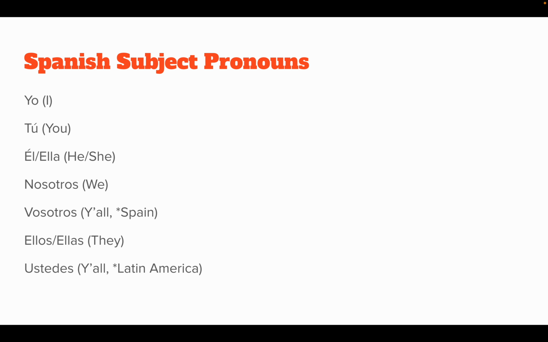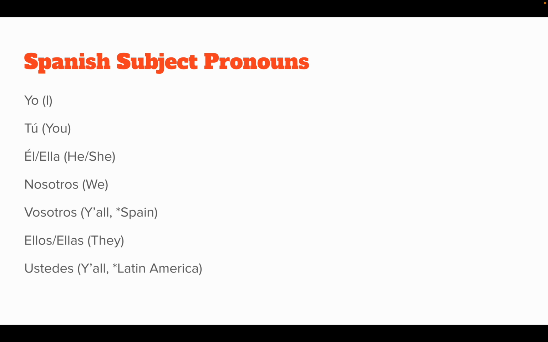On the flip side, as you can see below, we have another subject pronoun, ustedes, which has the same meaning as vosotros, but ustedes is commonly used in Latin America instead. And like if you use vosotros in Latin America, if you use ustedes in Spain, you might be understood better, but chances are you'll seem a little bit weird. So those are just some things to keep in mind.